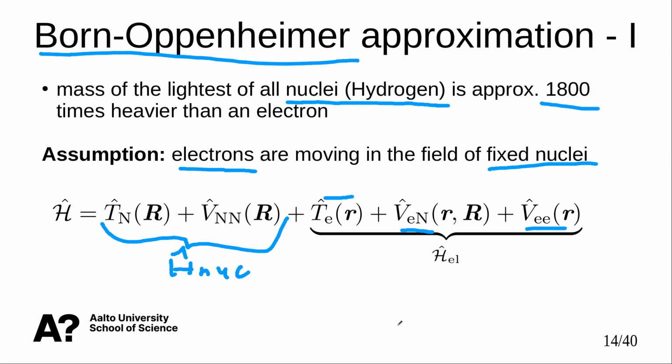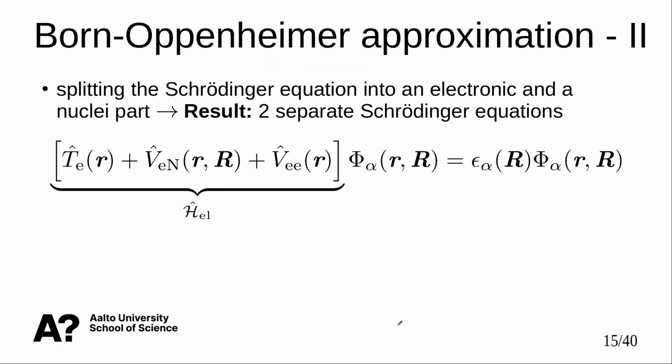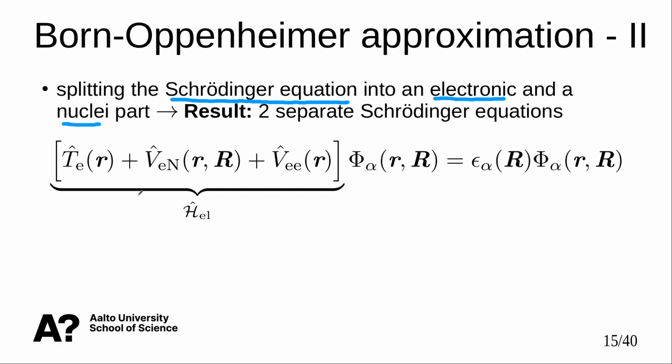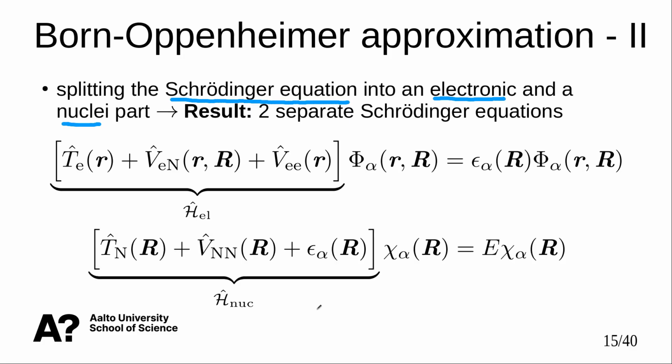What does it mean in practice? We can split our Schrödinger equation into two parts, an electronic part and a nuclear part, which makes solving the Schrödinger equation more simple because we have our electronic Schrödinger equation based on the electronic Hamiltonian, which we solve in a quantum manner, and we have the nuclei Hamiltonian.